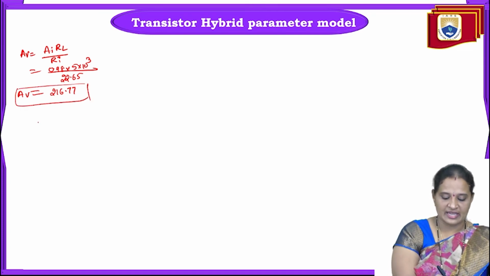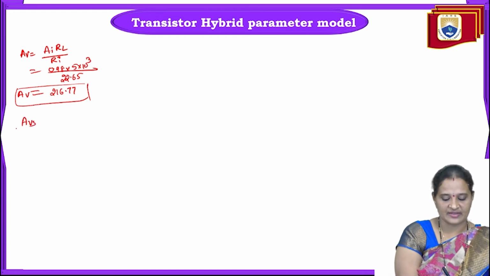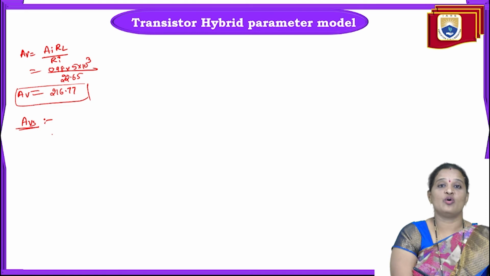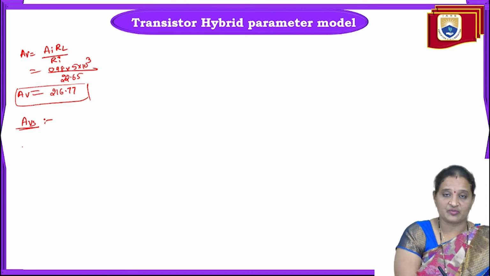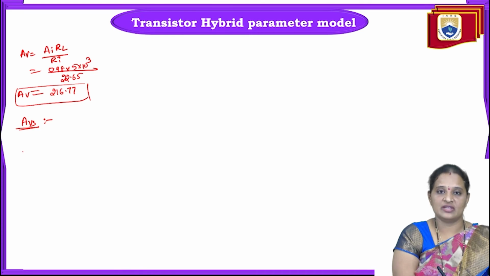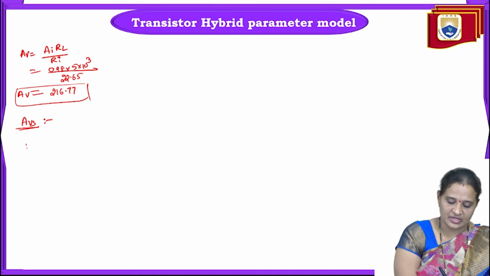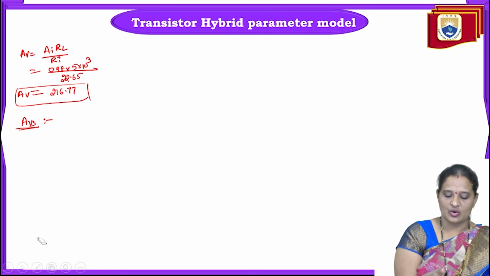Now let us calculate AVS. What is AVS? AVS is the voltage gain by taking the source into consideration. So first of all, let us draw the Thevenin's equivalent circuit of the input. Already we have RS in series with the voltage source.